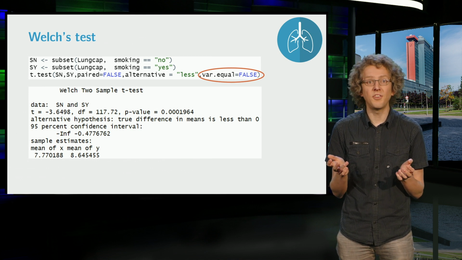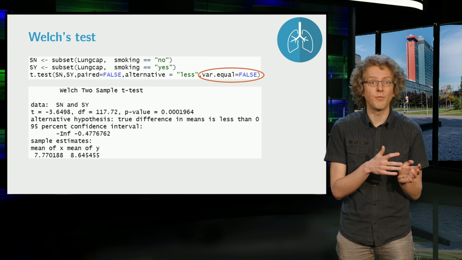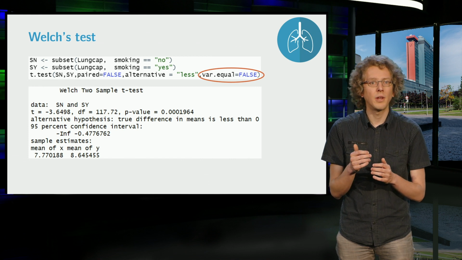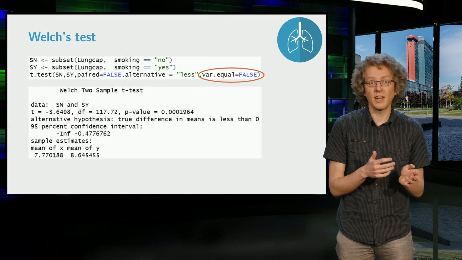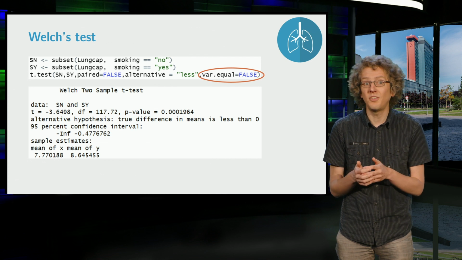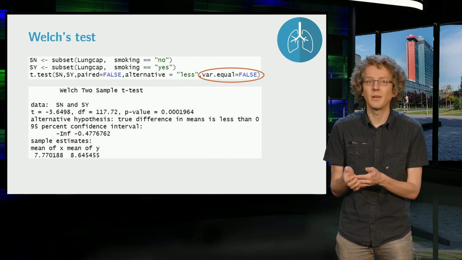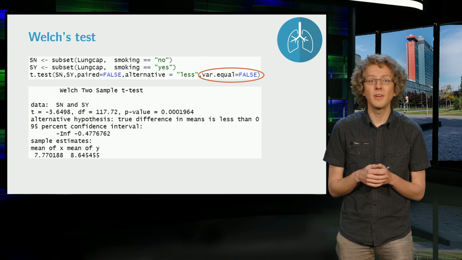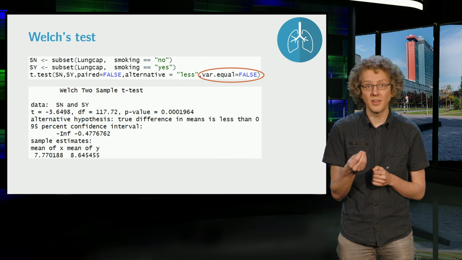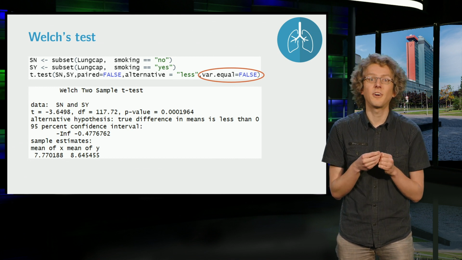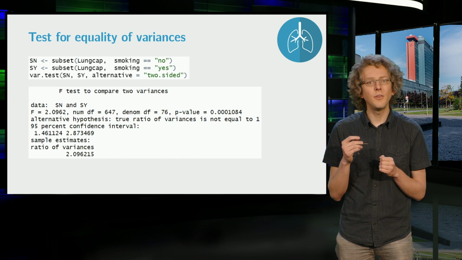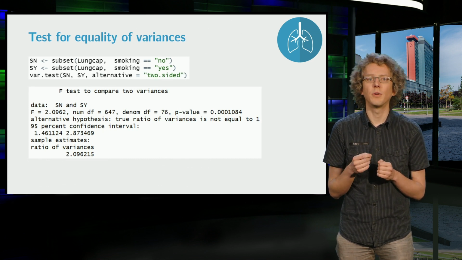Well, how do we decide whether we can safely assume equal variances or not? For large datasets, even slightly different variances may already be significantly different, right? Well, you may have guessed it, there is also a hypothesis test that tests whether the variances are the same. Here you see the R code and its output.